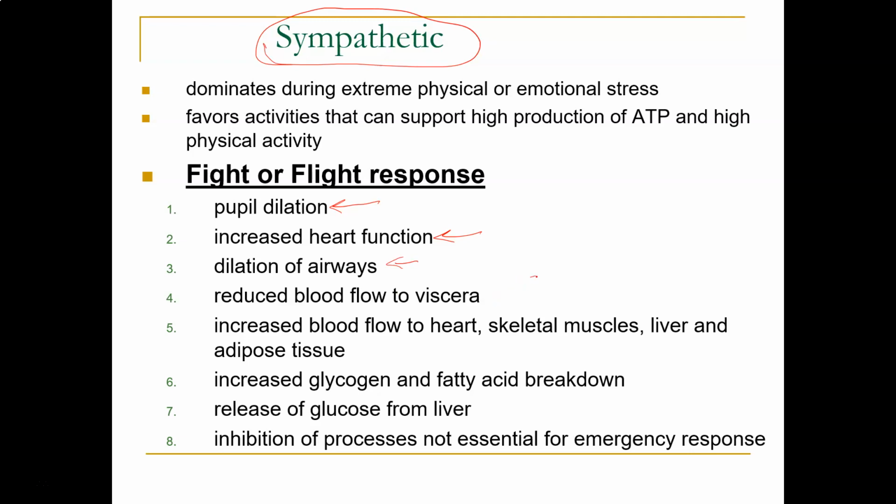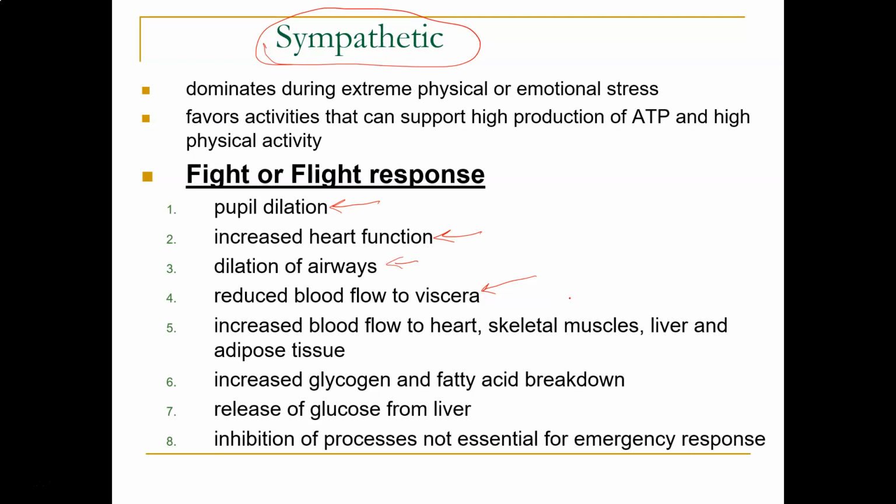It does inhibit blood flow to a lot of your visceral organs, like your digestive system, which is inhibited by the fight or flight response, and so is the urinary system. Which makes sense if you think about it.